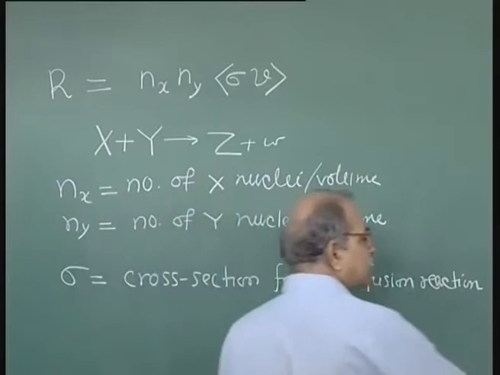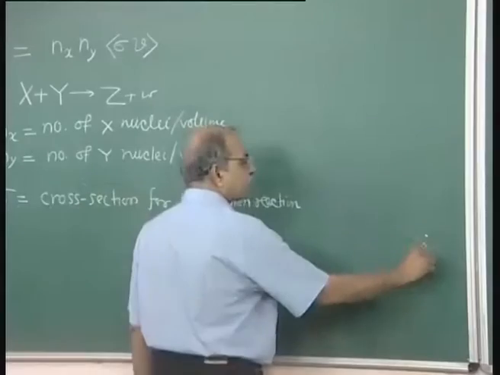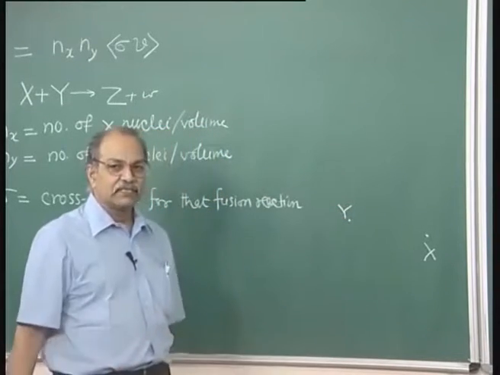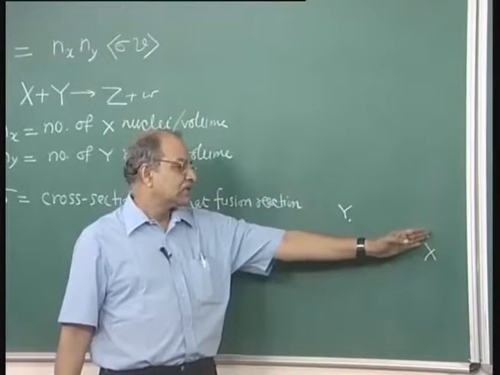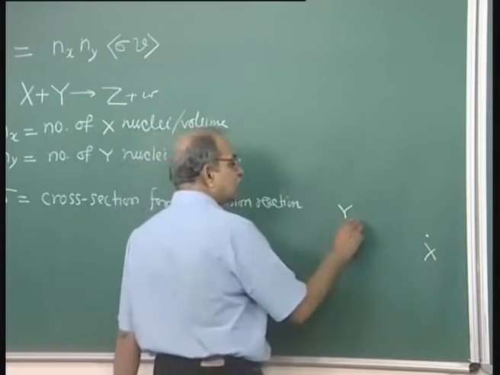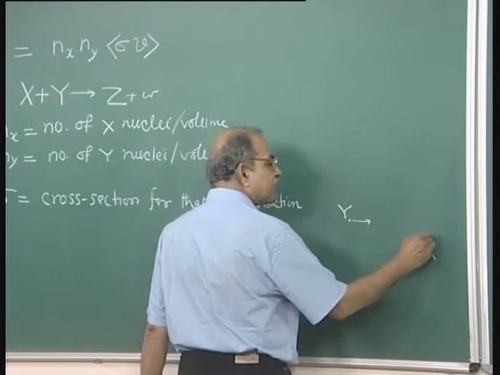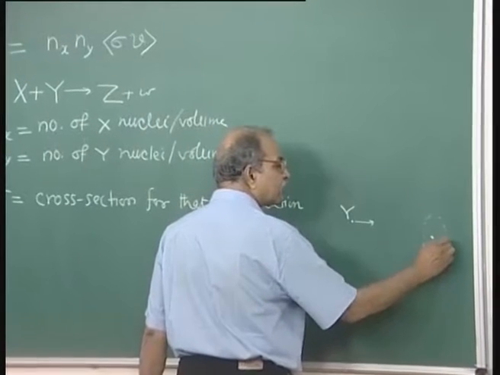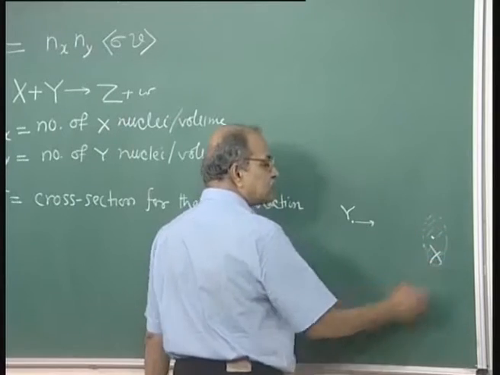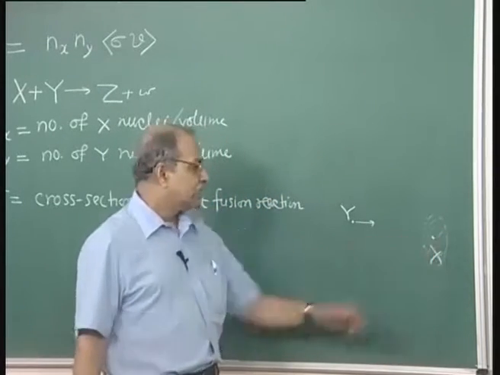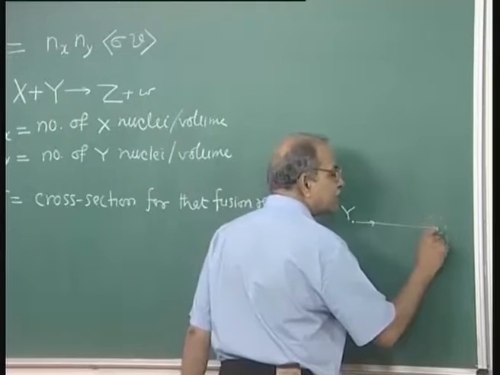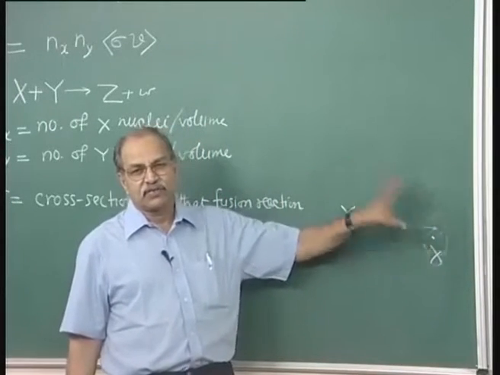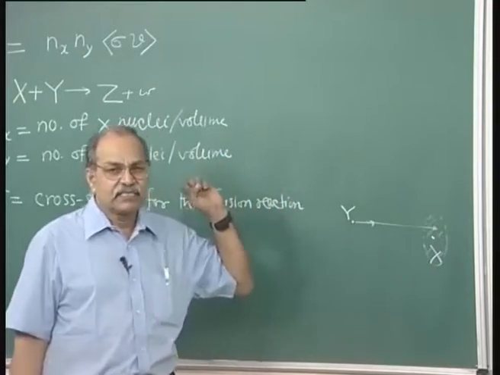If you have a nucleus x and another nucleus y coming towards each other, you can take x as the reference, y is coming, and mentally you think that there is an area surrounding this x nucleus, and if y hits somewhere in this area, the reaction will take place. So, that is how the cross section is geometrically conceived.